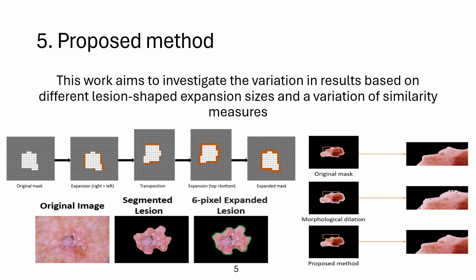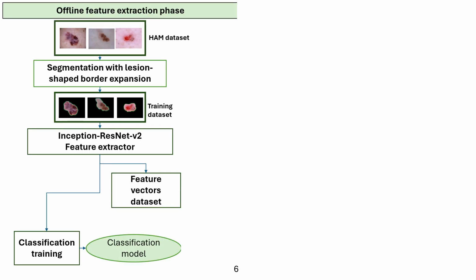Hence, the proposed method consists of two main phases. Firstly, in the offline feature extraction phase, the segmented and expanded skin lesion dataset is trained using a deep learning architecture, resulting in both a classification model and feature vector datasets.